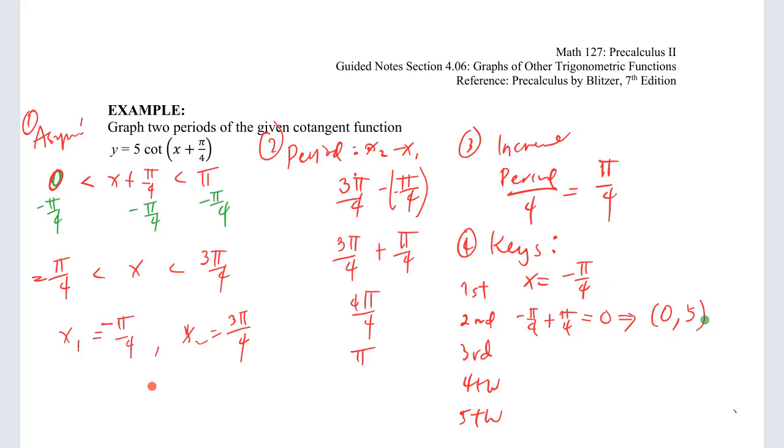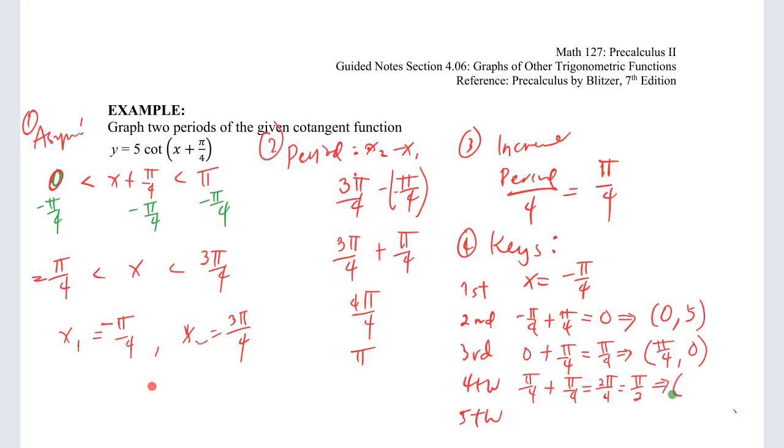Now we have here 0 plus pi over 4 is equal to pi over 4, which gives you a y value of 0 going down. And then next, pi over 4 plus again the increment pi over 4 gives you 2 pi over 4, which is simply pi over 2.